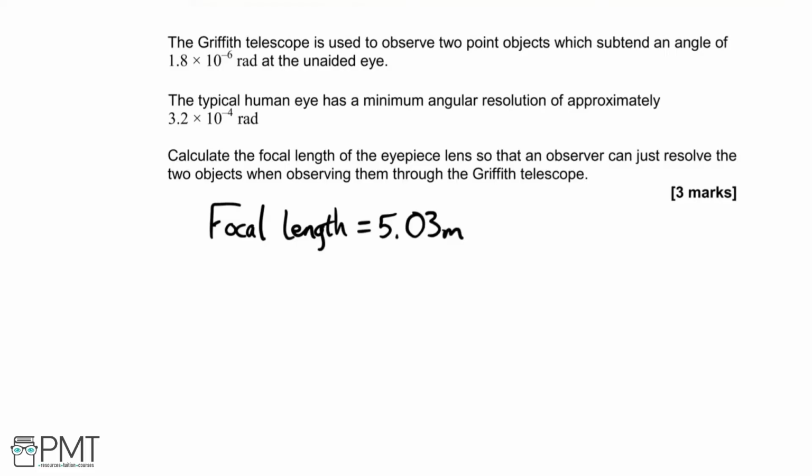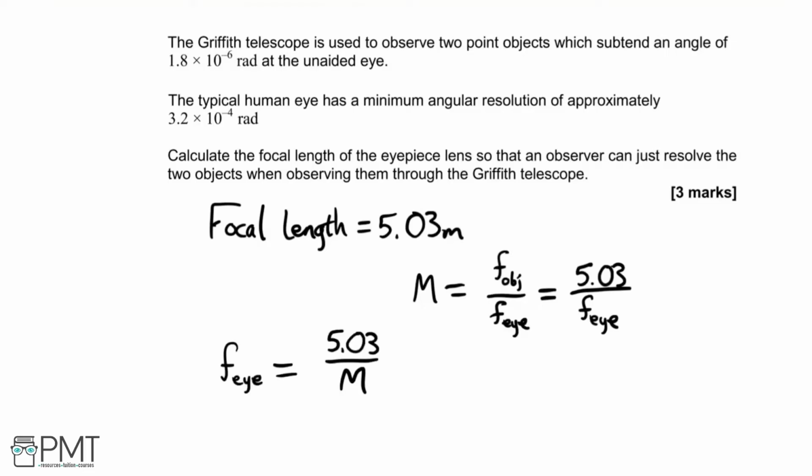The equation that we're going to need to use is the magnification equation, which is equal to the focal length of the objective lens divided by the focal length of the eyepiece lens. But remember that f_e, or the focal length of the eyepiece lens, is what we're trying to calculate. So let's rearrange to make this the subject.